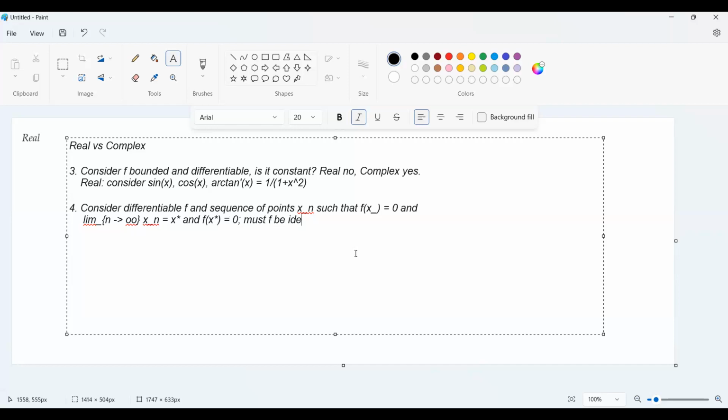Must f be identically 0? So I have a sequence of points where my function is 0 at each of these points. The limit of these points exists and my function is 0 at these points. Must the function be identically 0? Or can you give me a function that has infinitely many zeros getting closer and closer to each other, and the function is not 0 everywhere? Any thoughts?